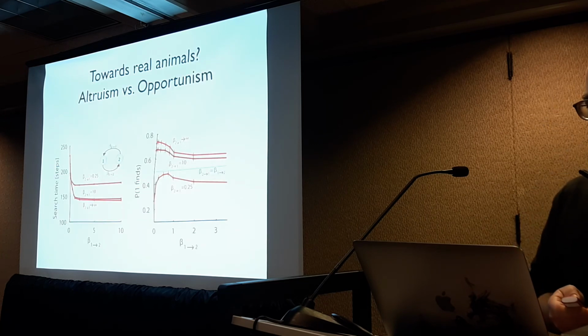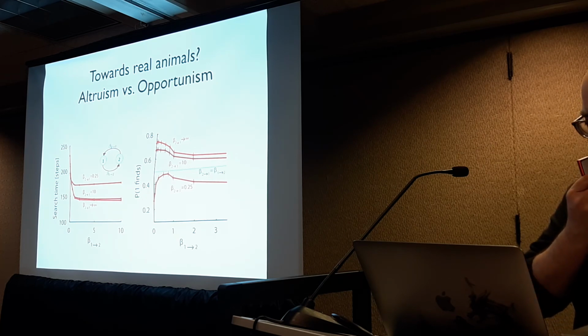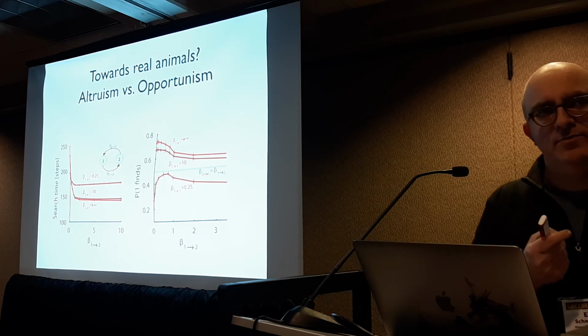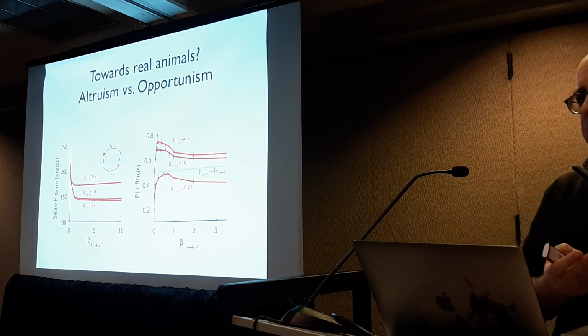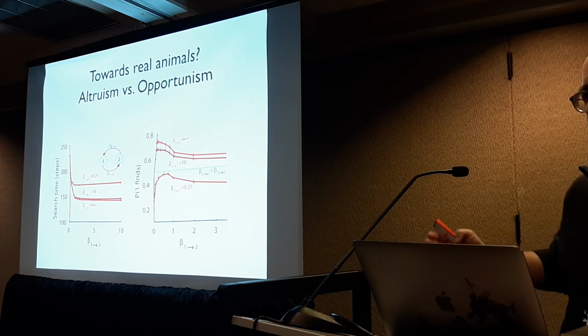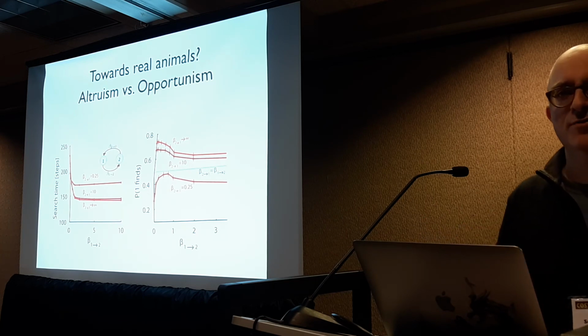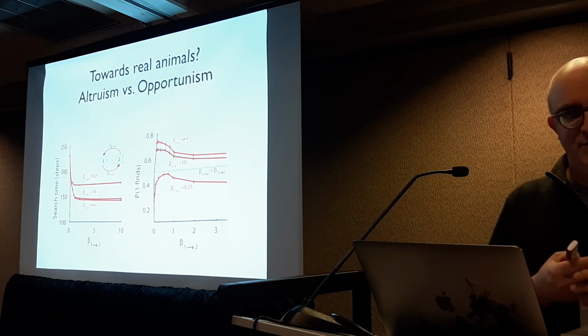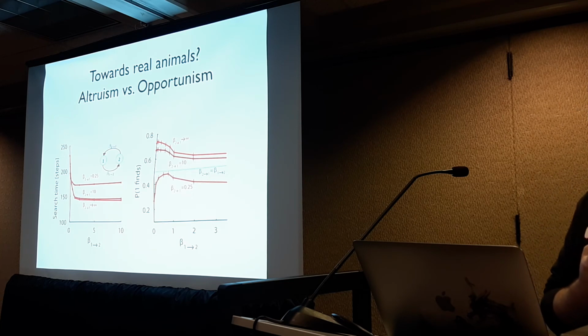As maybe the last step towards thinking of how these models could relate to what animals might want to do in life, what we measured up until now is how fast someone in the group finds it, and then we assume it's going to call everybody else to come join the party.